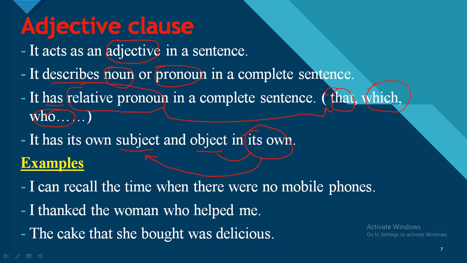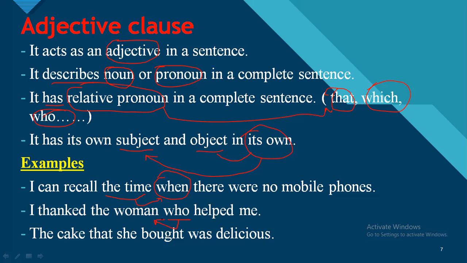Here in the examples, "I can recall the time when there were no mobile phones." In this example, it is joined with "when." We can see the relative word there. "I thank the woman who helped me."